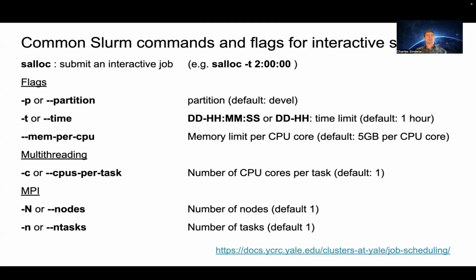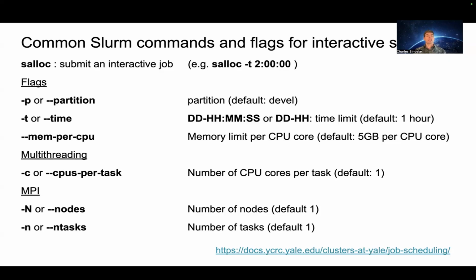And the flags that are common to use in this case are as follows. The partition flag, which is abbreviated as -p or fully --partition, is what specifies the partitions that you will use, as discussed in a previous slide.